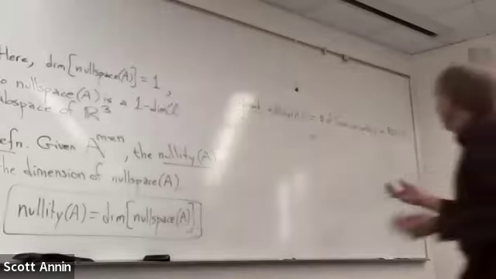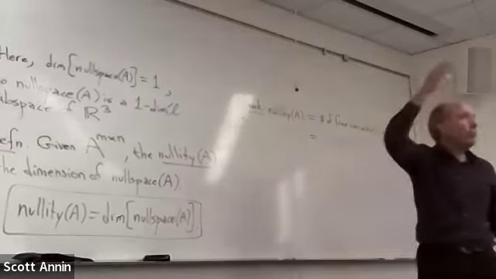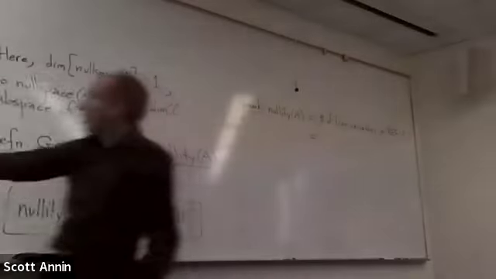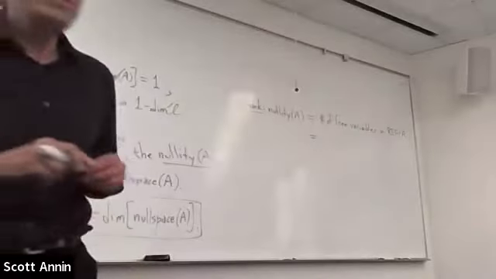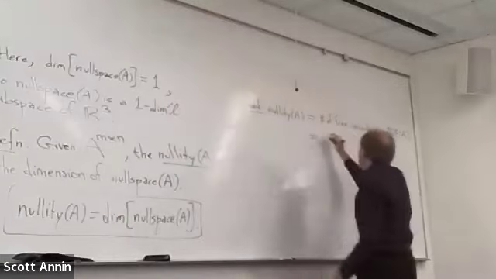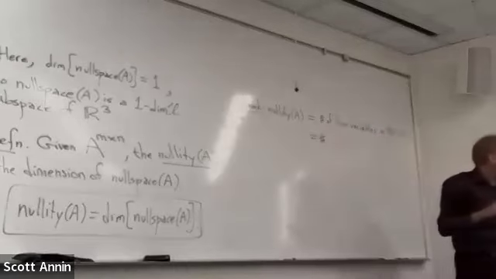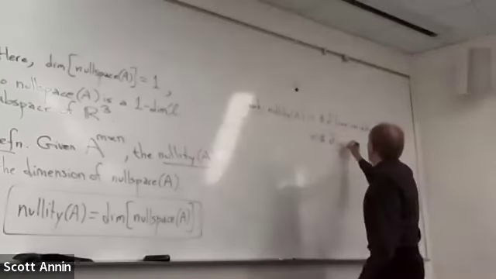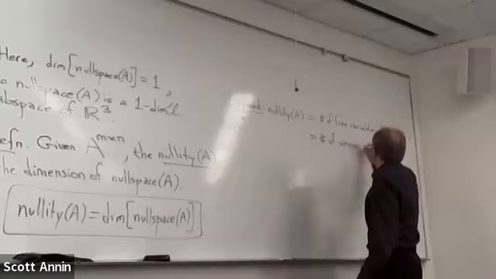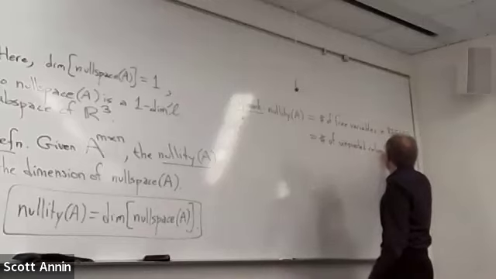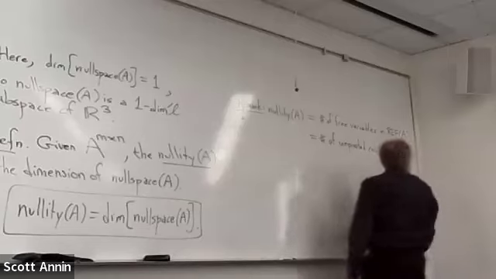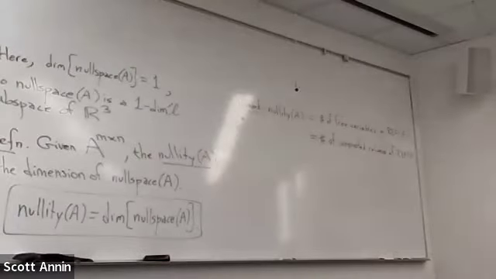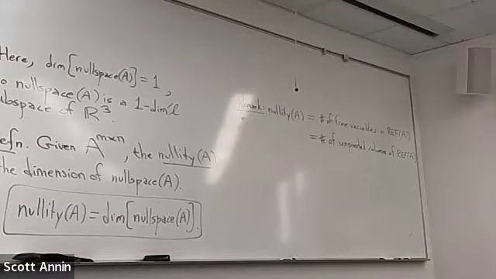Every variable is either a free variable or it's associated with a pivot. In this case, Z is free and X and Y are both associated with pivots, right? So we could also rephrase this as saying this is the number of unpivoted columns of the row echelon form of A. So it's just how many columns don't have pivots. Because every time you have an unpivoted column, you have a free variable.